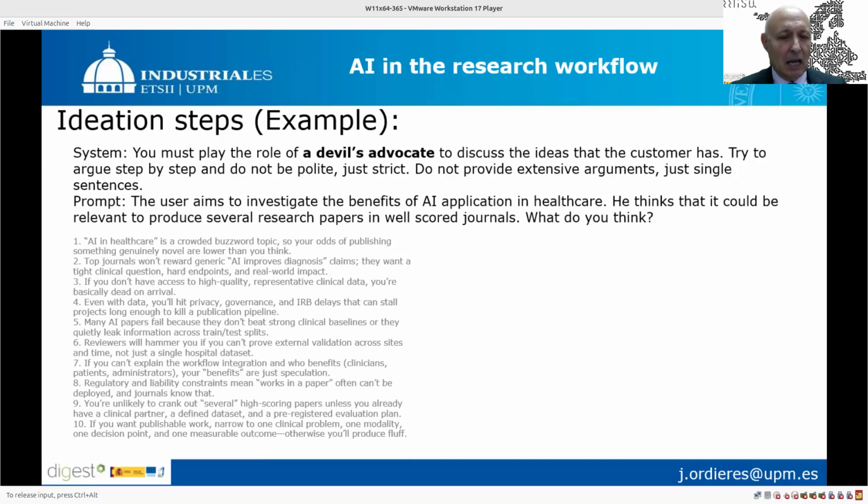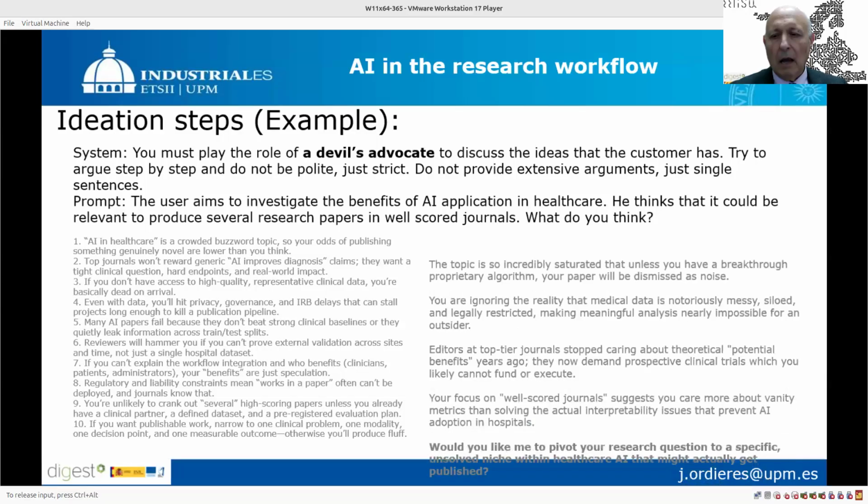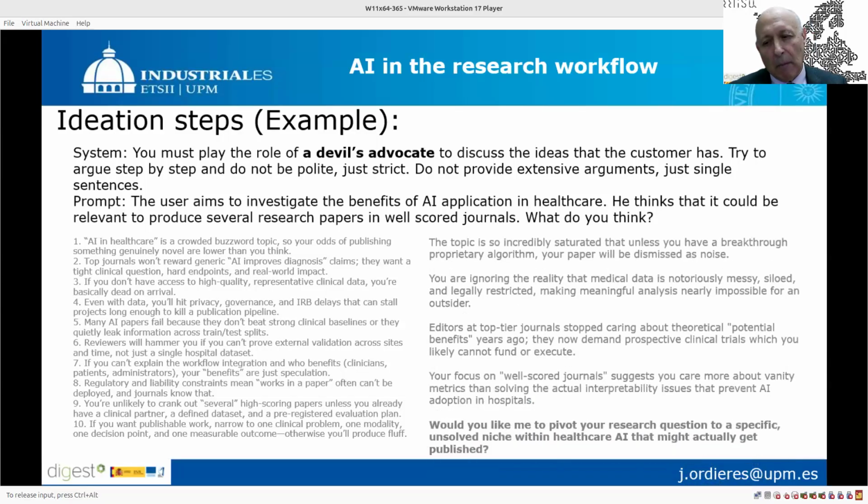Then I did the same prompting to Gemini 3.0 Pro, and it provides basically the same approach. The topic is fulfilled. You can't do it that way because this is not serious. Editors of top-tier journals are aware of potential benefits and blah blah blah.